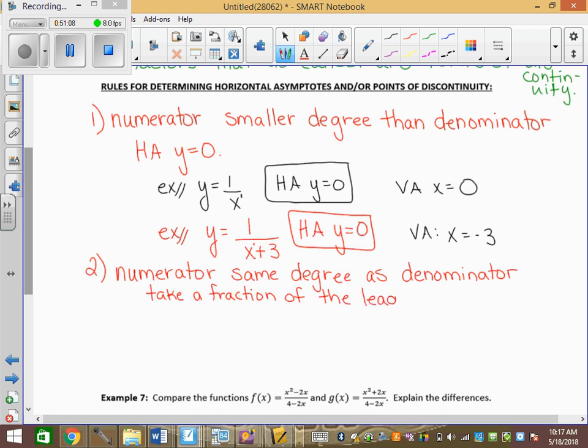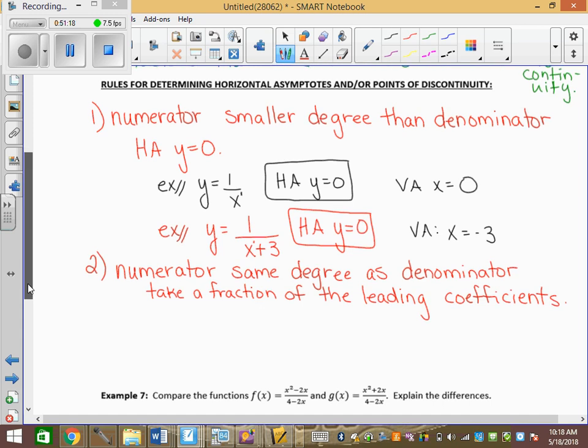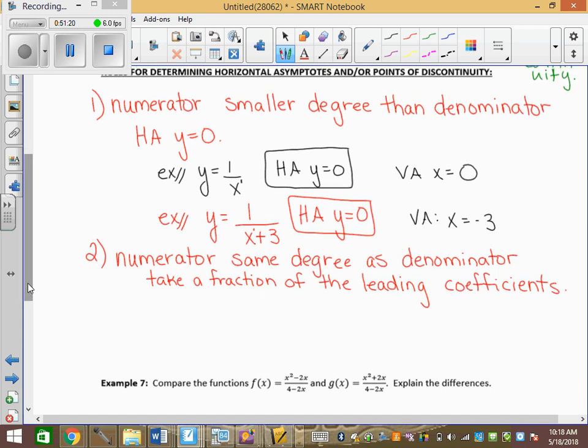Sounds a lot worse than it is. This is actually ridiculously easy. The wording sounds terrible. So numerator, same degree as denominator, take a fraction of the leading coefficients. The leading coefficients are the coefficients that are in front of the largest exponent, right?